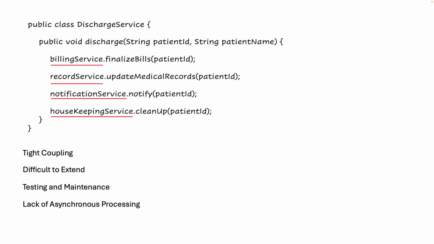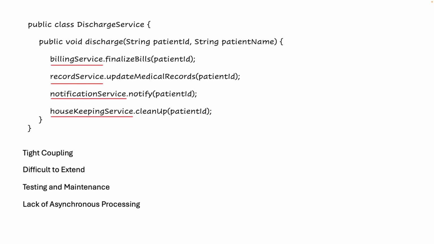For example, let's say the billing service is taking more time to execute, then the update medical record, notify, and cleanup methods will not execute until the billing service method is completed. So this is one of the drawbacks, that we are not making it async, rather we are going with the synchronous flow. These are the drawbacks if you follow this particular architecture.